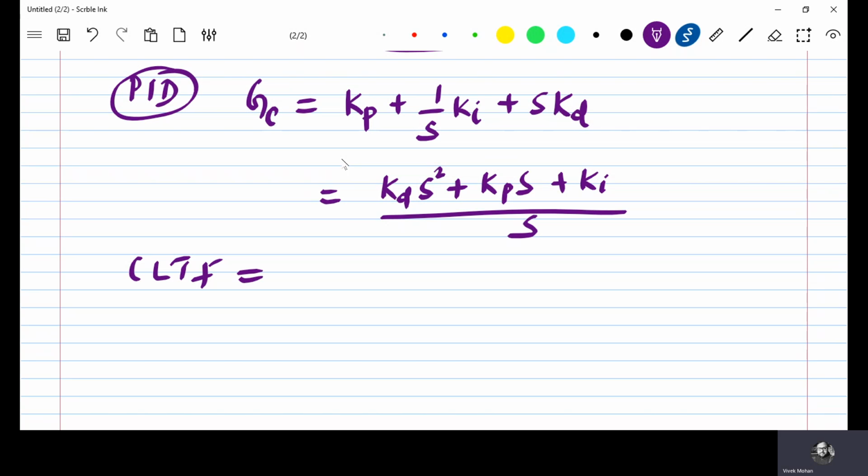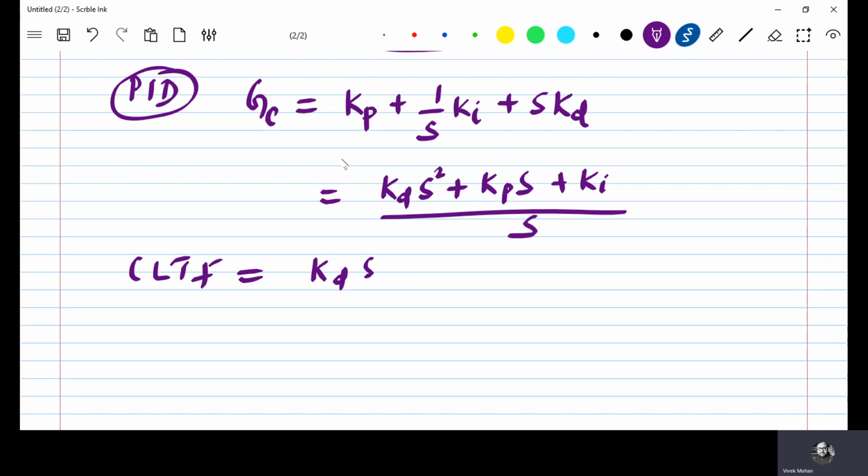GcGp divided by 1 plus GcGp. Simplifying, I'm going to write the final expression here. For simplification, we multiply numerator and denominator by S into S minus 2. You can check it, but I'm writing here the final expression.